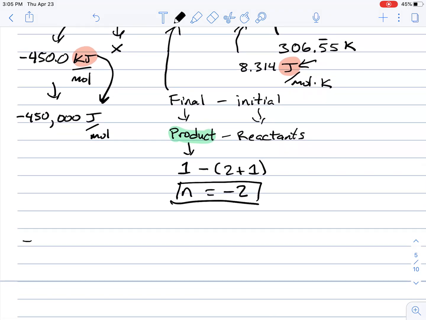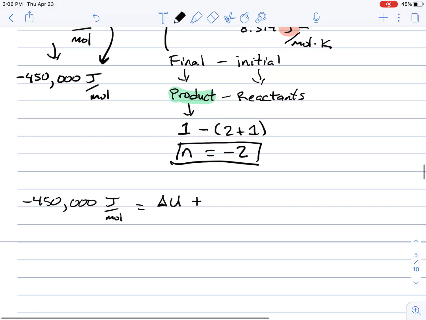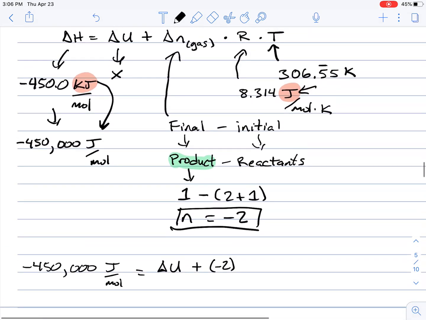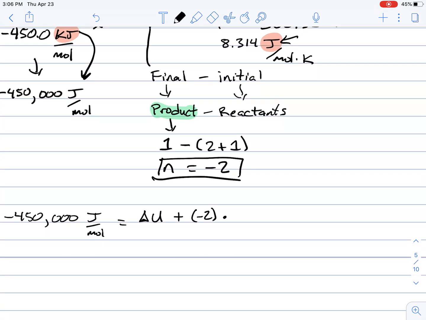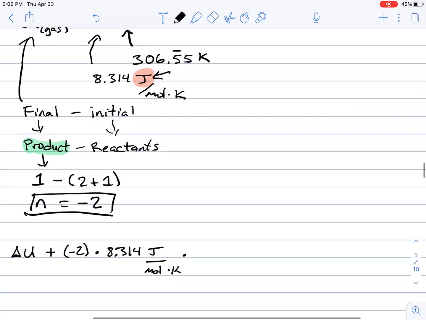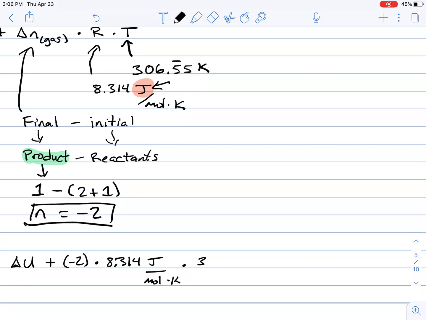So here I have negative 450,000 joules per mole equals delta U, which is what I'm solving for, plus negative 2, which is the change in the number of moles, times 8.314 joules per mole Kelvin, times the temperature, which in this case is 306.55 Kelvin.